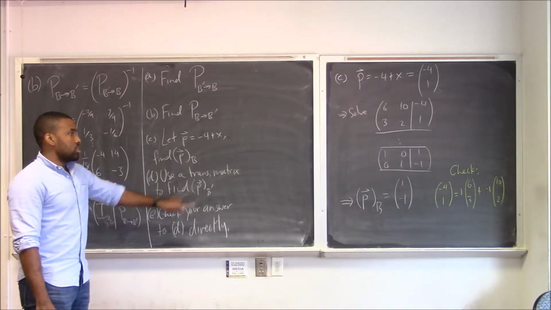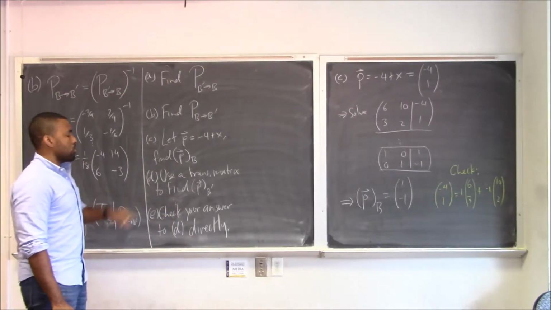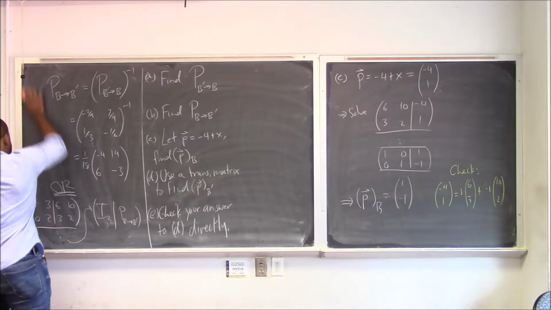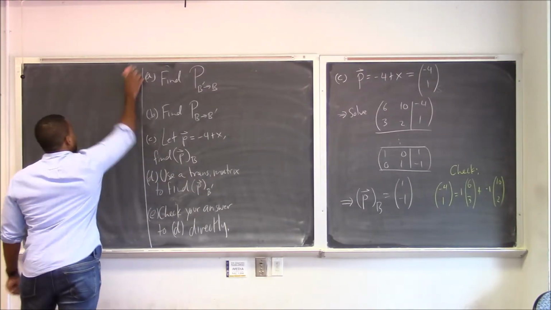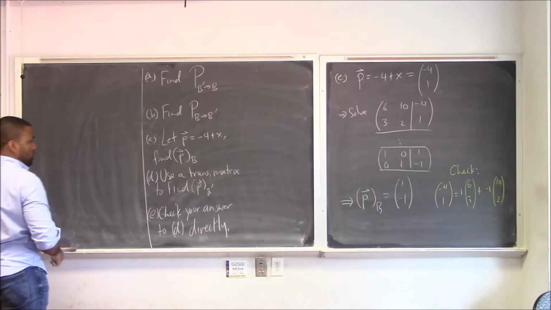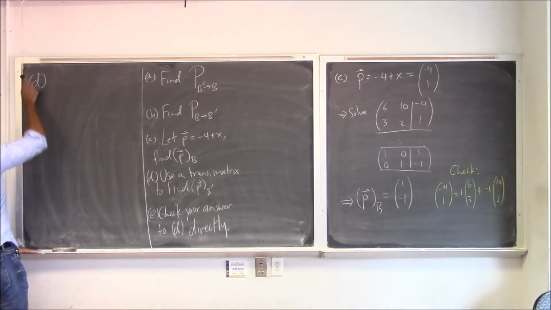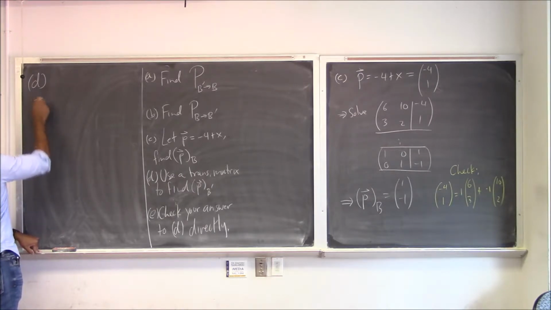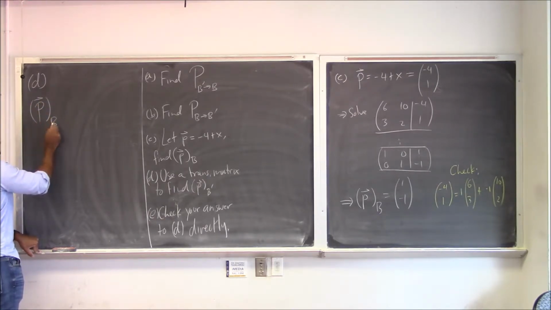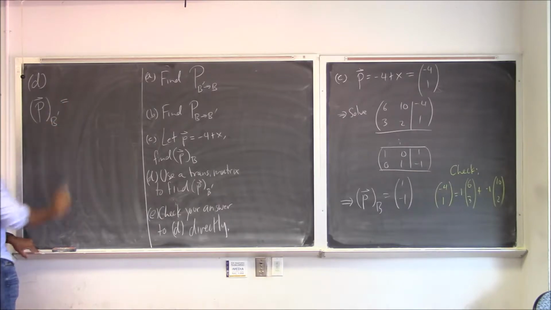Let's find the coordinates in terms of the other basis, but here they're forcing us to use a transition matrix. So how would we do that? We know that [p] of B prime is equal to, how would I use a transition matrix to figure that out?